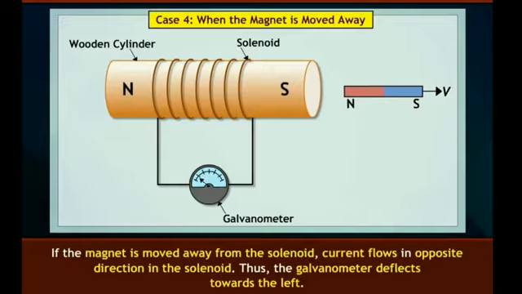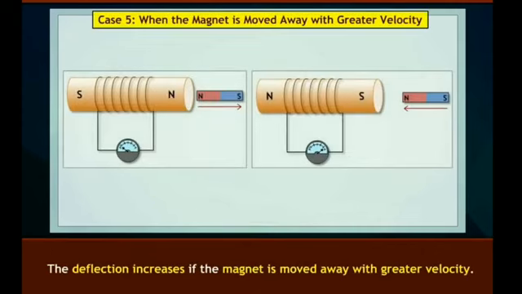If the magnet is moved away from the solenoid, current flows in the opposite direction in the solenoid. Thus, the galvanometer deflects towards the left. The deflection increases if the magnet is moved away with greater velocity.